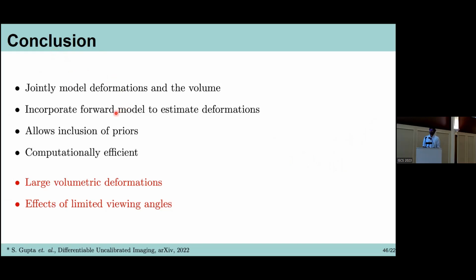Other question? I have one question. You model the deformation at the level of the projection. Would it make sense to have the same modeling but on the volume directly? Why this choice of modeling at the level of the projection?